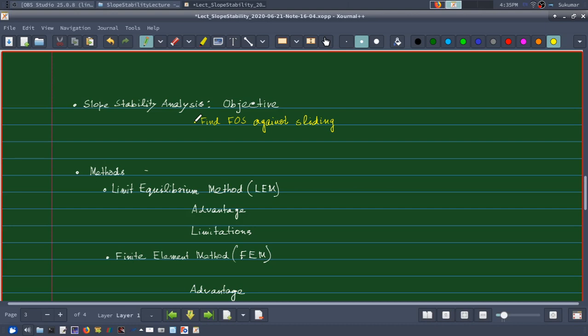So we want to find the factor of safety. That means how safe the slope is against sliding. And if I have a factor of safety greater than 1, that means the slope is safe, but for design purpose we want a factor of safety at least 1.5.